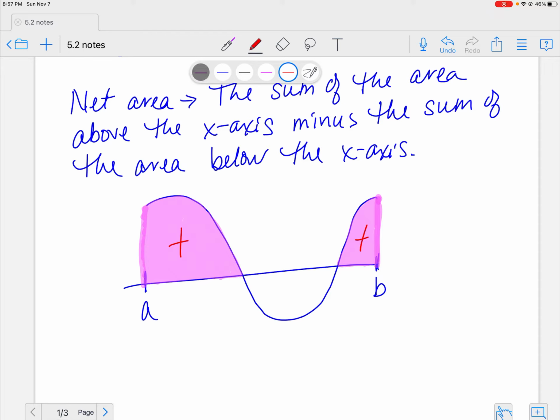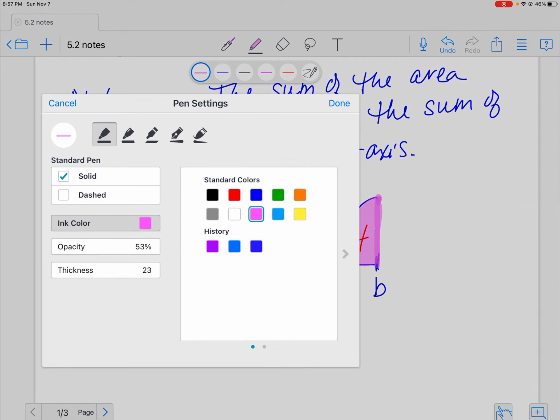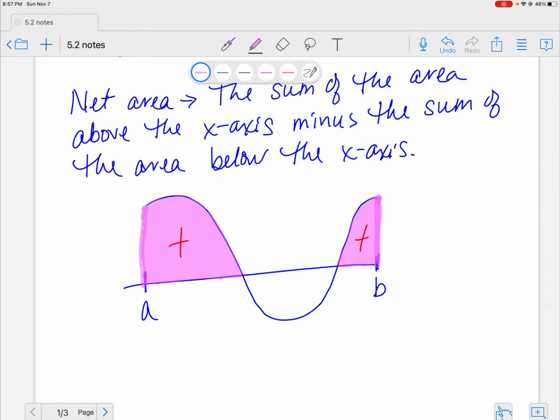Well, what's happening with that little dip in the middle? Let's change my color here. Let's go blue. Why not? It's below the x-axis. So what did we just say was happening with the area below the x-axis? Yes, it's negative because we subtract that off. So here's the moral of this story.